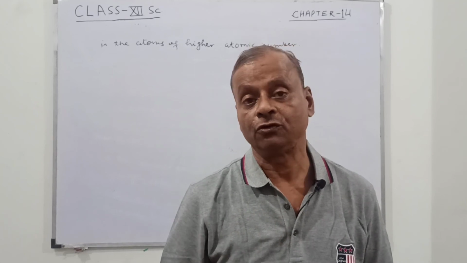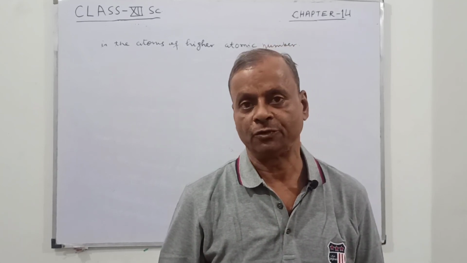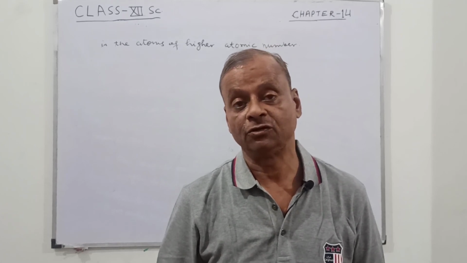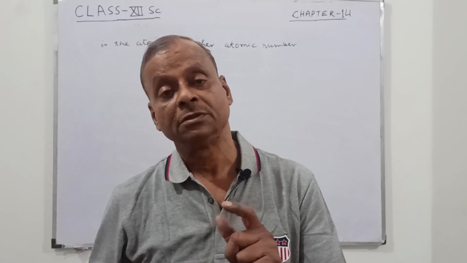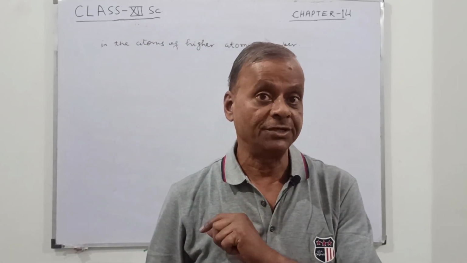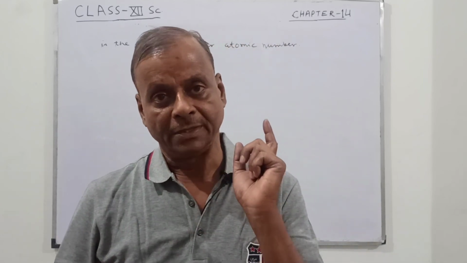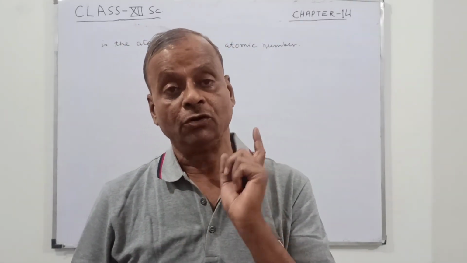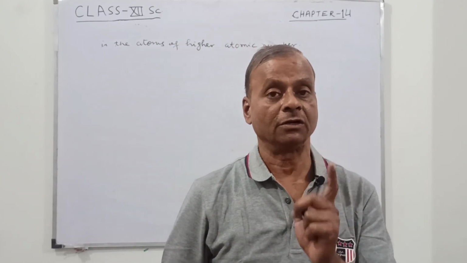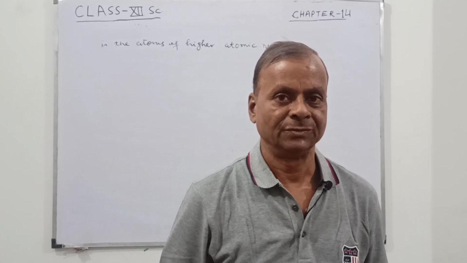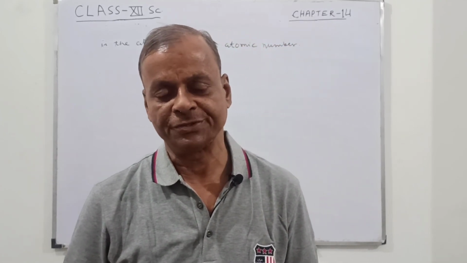And it was Rutherford who gave a different model from J.J. Thompson's model, and for that he got the Nobel Prize also. All the students who studied with him got the Nobel Prize either in physics or in chemistry. J.J. Thompson was a very eminent and famous scientist of his time.